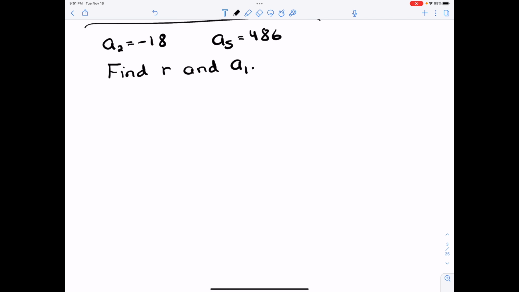So remember, with geometric sequence, you're multiplying by something to get from negative 18 to 486. So what I'm going to do is divide 486 by negative 18 and see what that gets me. But keep in mind that's the fifth term divided by the second term. And that'll help me to think about what's going on here. I get negative 27.